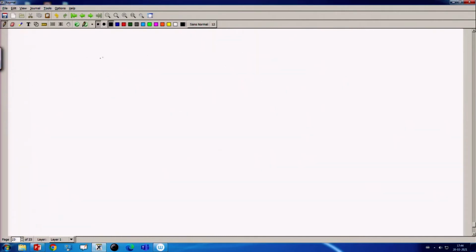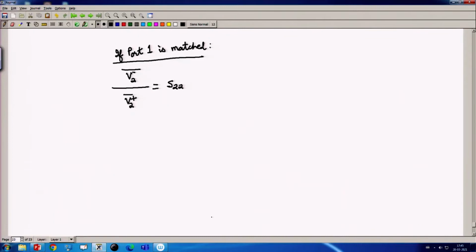Similarly, if port 1 is matched, we can write V2 minus bar divided by V2 plus bar, that is S22. And what is that?